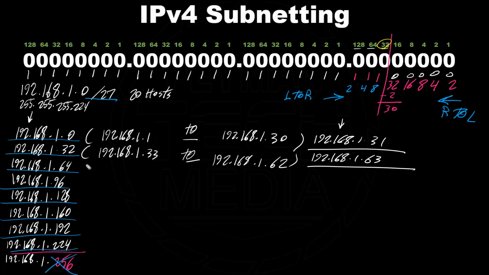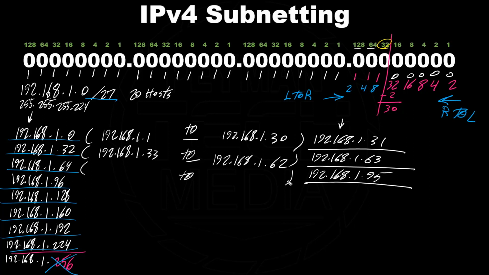And the same thing applies for the next subnet. We should have 30 available IP addresses. And again, the broadcast address is one less than the next one. So what will be the broadcast address for this subnet? If the next subnet is 192.168.1.96, so one less is 1.95, right? So that's the broadcast address for this subnet, 192.168.1.95.